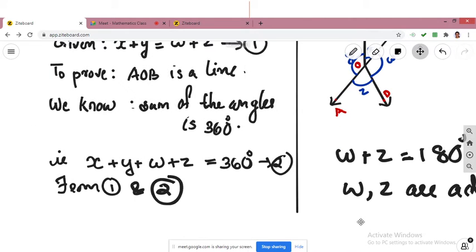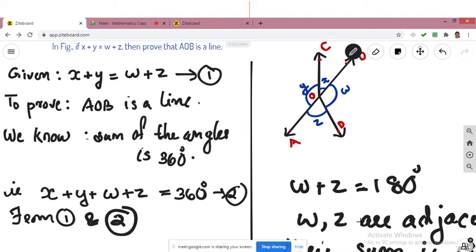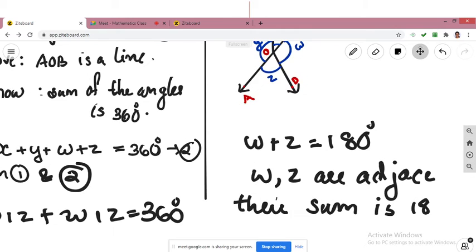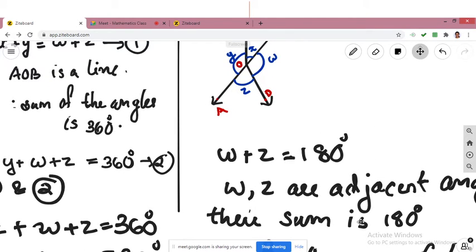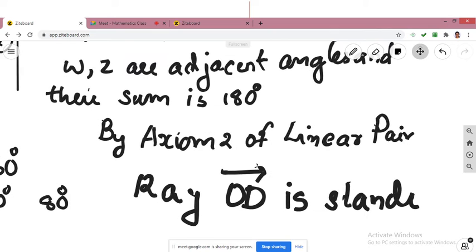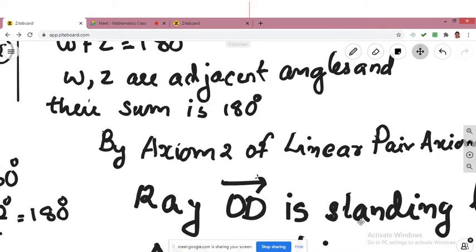Now I substituted equation 1 in equation 2, that is from 1 and 2 we can say that 2w plus 2z is equal to 360 degrees. That implies we got that w plus z equals 180 degrees. But we also know that w and z are adjacent angles. So using the linear pair axiom, we found that ray OD is standing on line AB, that is AOB is a line. So did everyone understand what we did here?